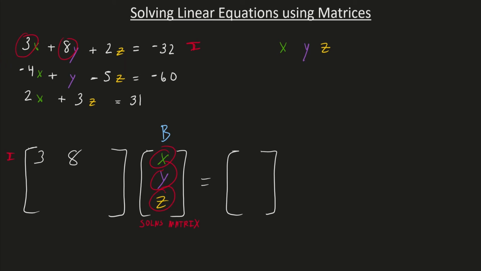Coefficient of the z, positive 2. And then, what's on the right-hand side of the equal sign, the constant, that will go here. So this is commonly known as the right-hand side matrix, the RHS matrix. You may hear it referred to by a different name, but that's how I was taught. And this one right here is the coefficients matrix, because it has the coefficients of our unknowns.